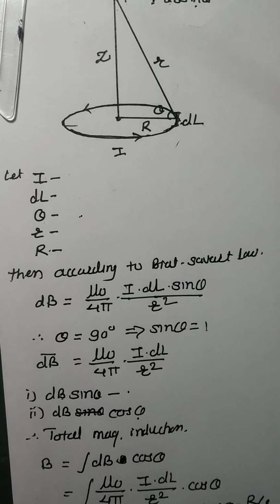Therefore this equation becomes, taking the constant terms out, mu naught divided by 4 pi is already constant, current I is also constant, what remains is the integration of cos theta, R divided by small r into r square, and dl.